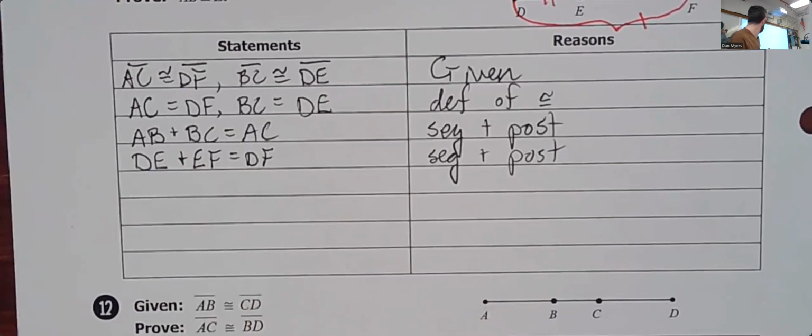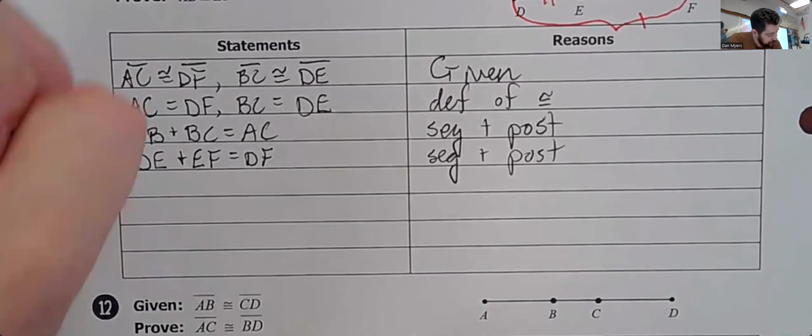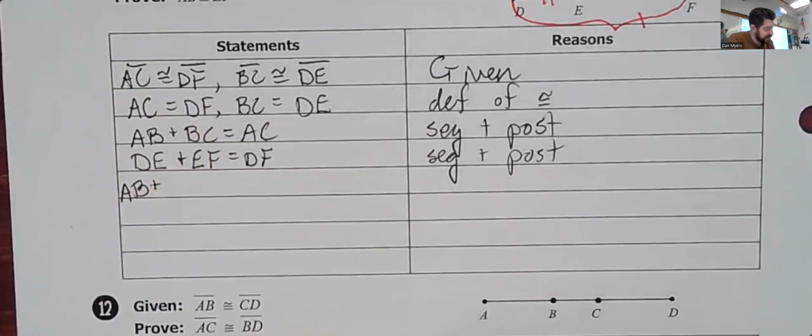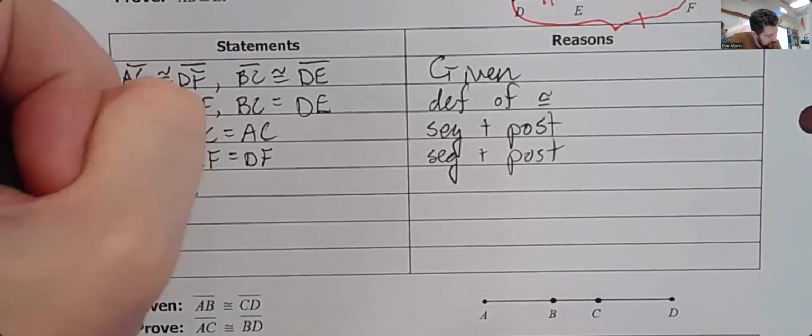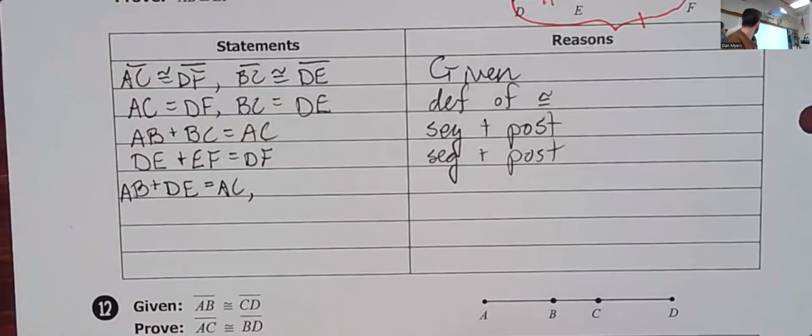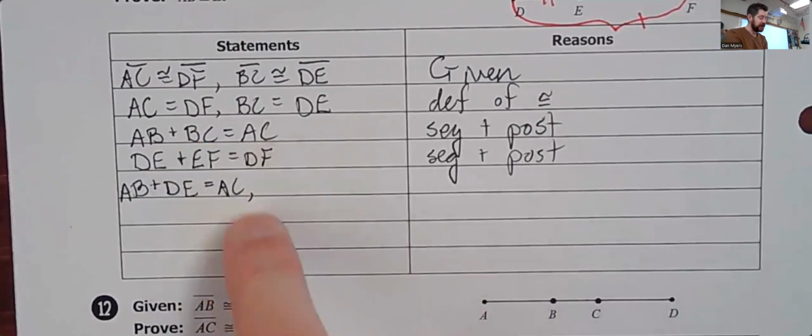So I'm gonna write AB plus DE equals AC. That's because I substituted out BC with DE from here. And then I'm also going to substitute out DF with AC on the second equation.